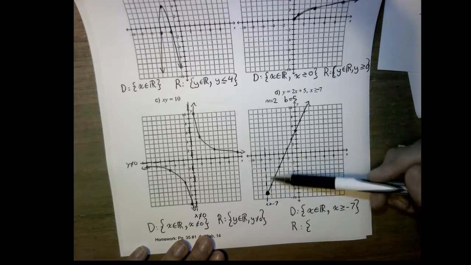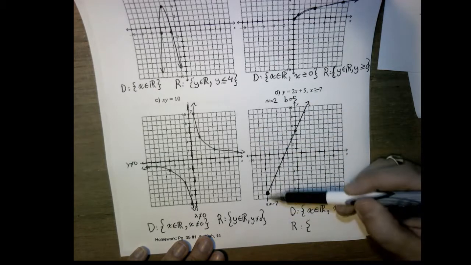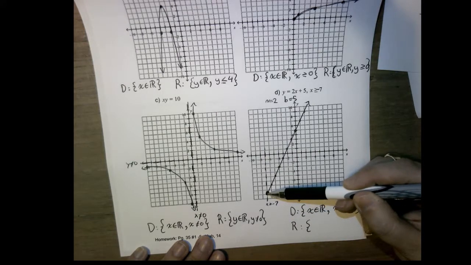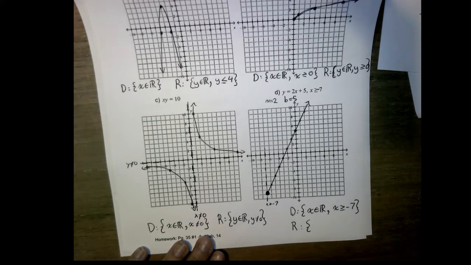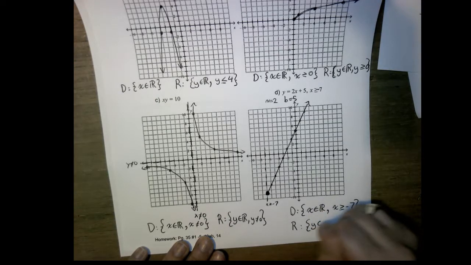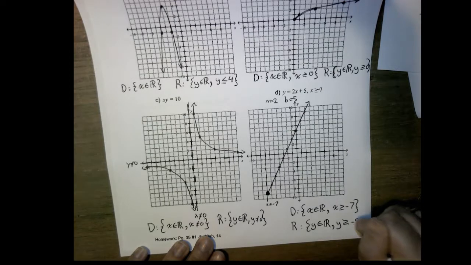So my range can go forever upwards, similarly with my x, but before this x of -7, it can never be lower than what looks like -9. So what that looks like is I have y is part of all real numbers, and y has to be bigger than or equal to -9.